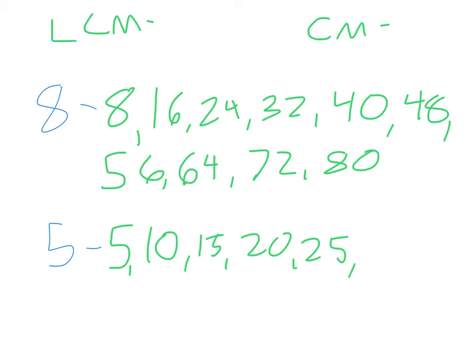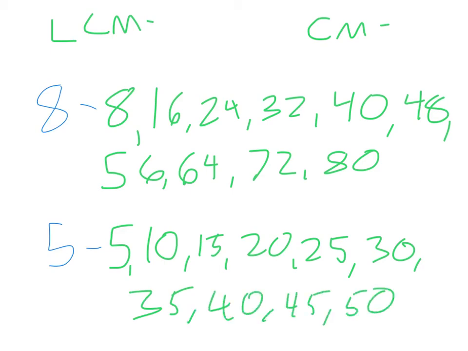Now I go back to my 5: 25, 30, 35, 40, 45, and 50. Now I'm going to look for matches. And I see that we have a 40 in common.